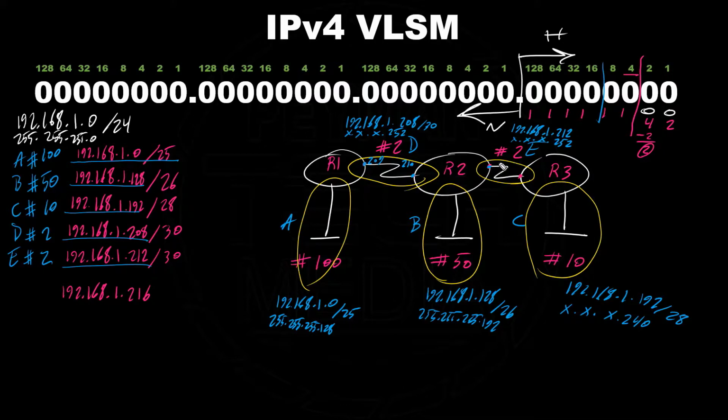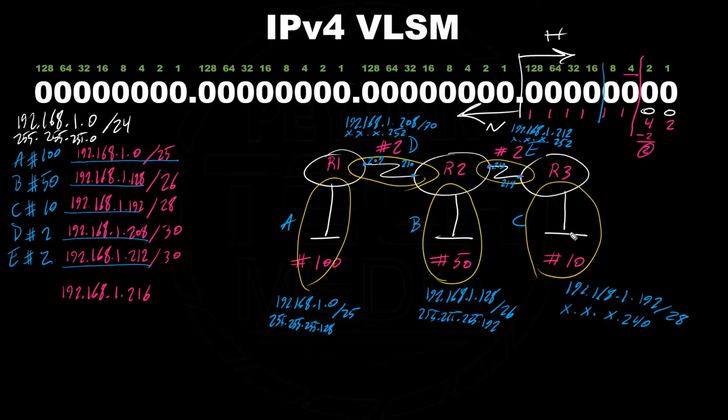So for this one would be 213, and here 214, and 215 would be the broadcast for this subnet, and 216 is the next subnetwork. So here, it's basically kind of similar to subnetting, breaking a large network into multiple smaller networks, but it's not a fixed length subnet mask.